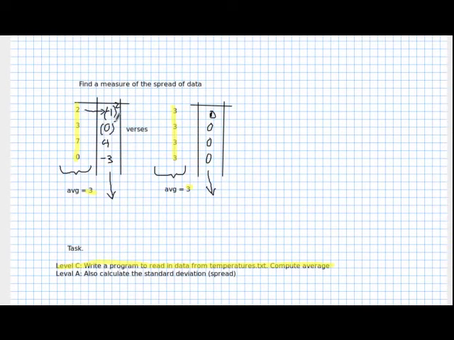If we square all these numbers, that'll make all of them positive. So let's square all these numbers and then add them all together. That would be a 1 plus a 16, which is a 17, plus a 9, which would be a 26.